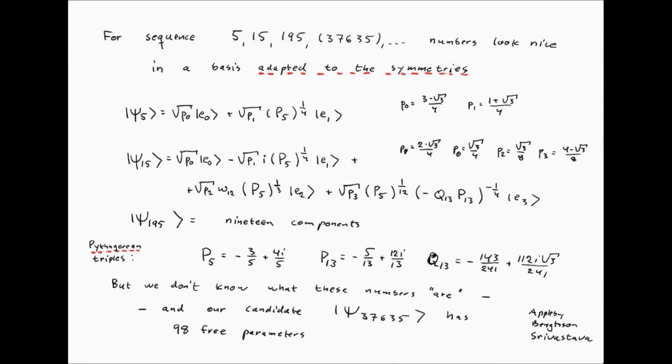It turns out that if you use a suitable basis in Hilbert space, which is adapted to the symmetries, which are growing as you go up the sequence, then you can express your SIC. So these basis vectors are computed in a routine fashion. They look a bit ugly, but they are computed in a routine fashion. And then the SICs look really very nice expressed in this basis.